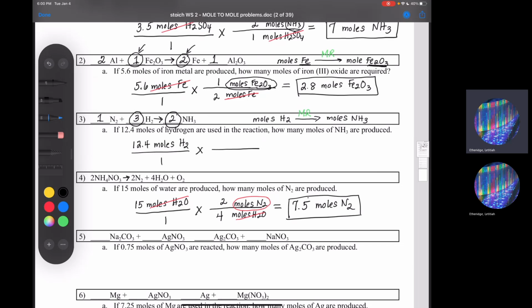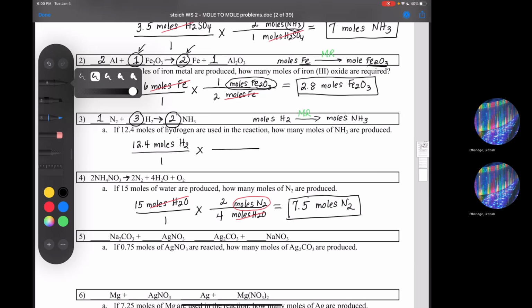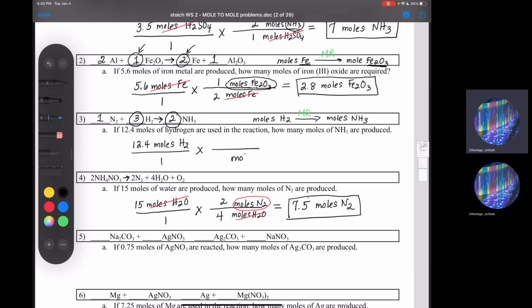So moles of hydrogen are in the numerator. That means I need moles of hydrogen in the denominator, and I'm trying to make my way to moles of ammonia. Okay, so if I take a look at my coefficients, we are in a 2 to 3 relationship. So now what you're going to do, take out your trusty calculator. Hopefully it will not lead you astray.